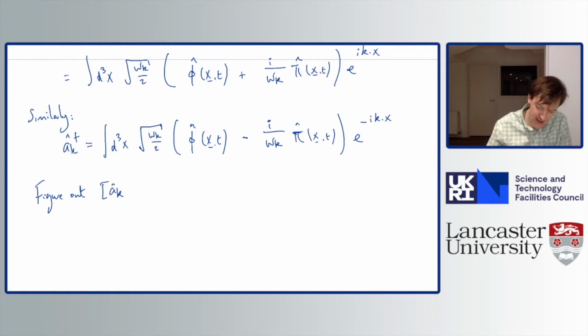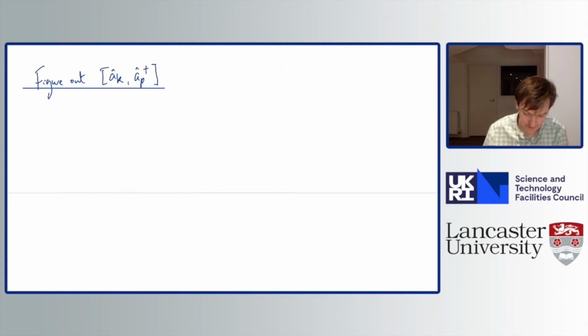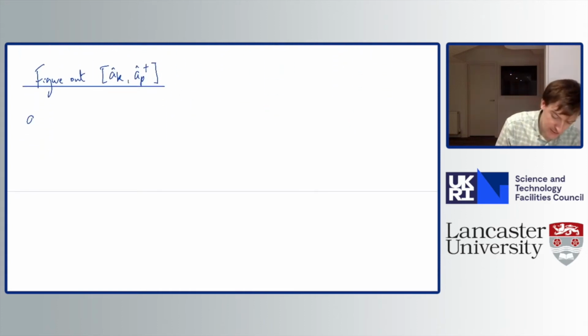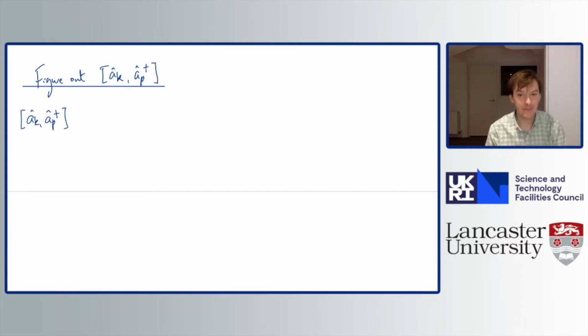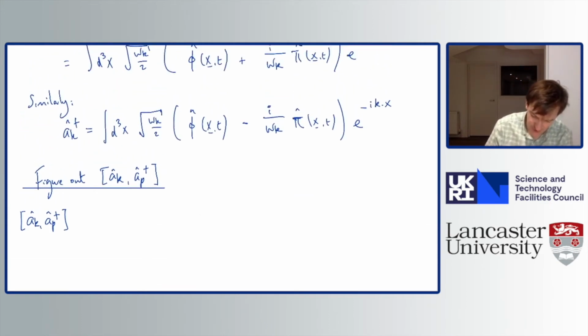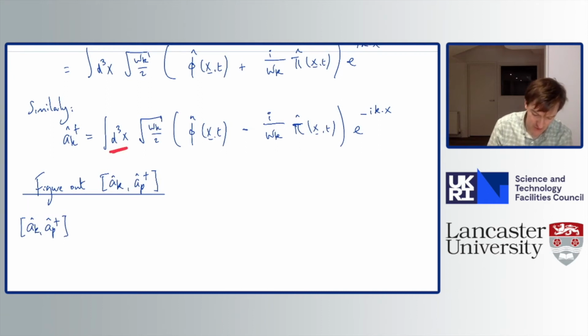Let's do a_k with a_p dagger. We can substitute in the expressions that we had. We're going to have integrals over our position variables. For the a_k term, I'm going to do it over d3x, and for the a_p term, I'm going to use a separate label, d3y.